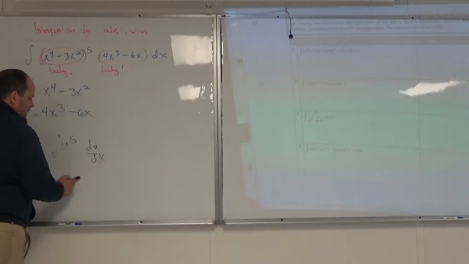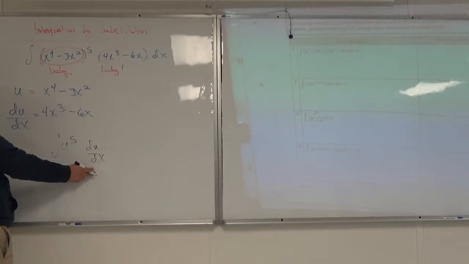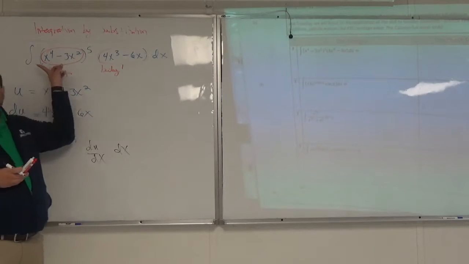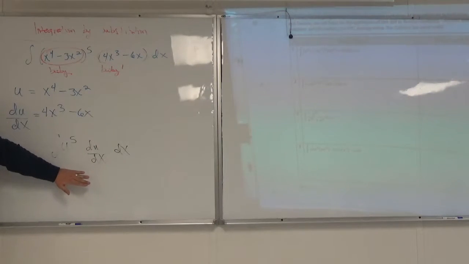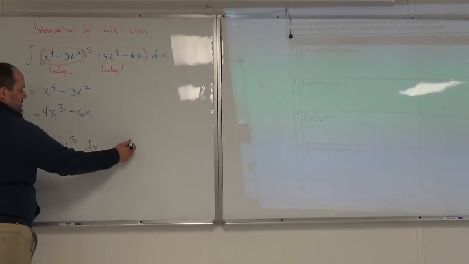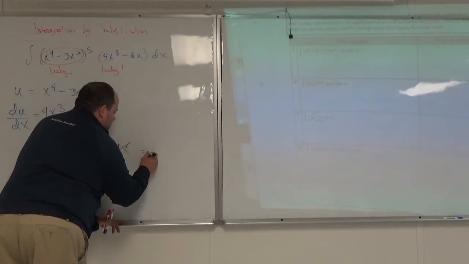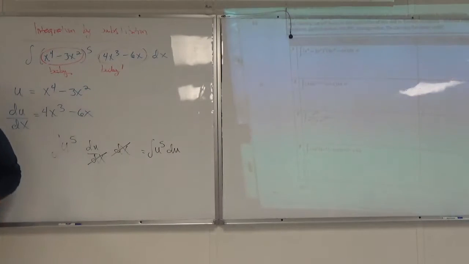I want to be really good about my notation. I've got u to the fifth times du over dx times dx. I'm replacing the entire integrand with this substitution. Now, the dx in the denominator and the dx over here are going to cancel each other out. And what I need you to find now is the integral of u to the fifth du.